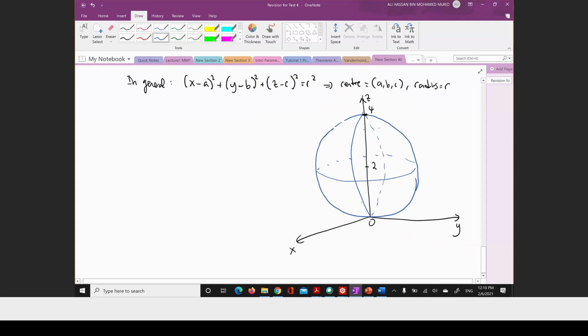And then we have a cone, right? It has the vertex at the origin and opens upward. So the cone then intersects the sphere.